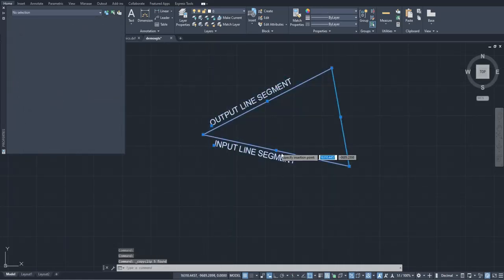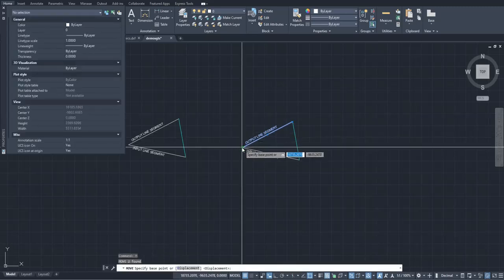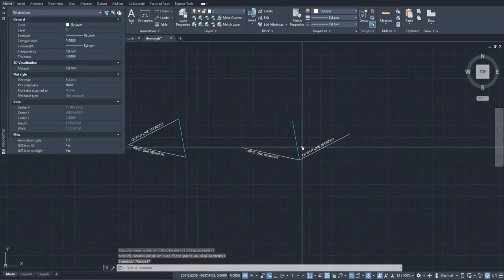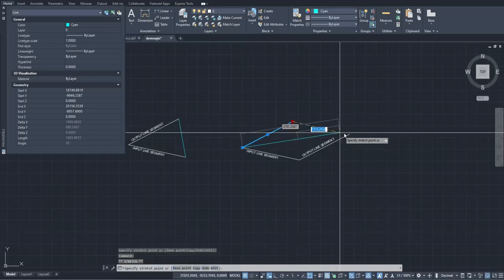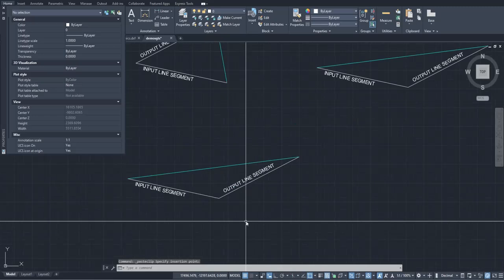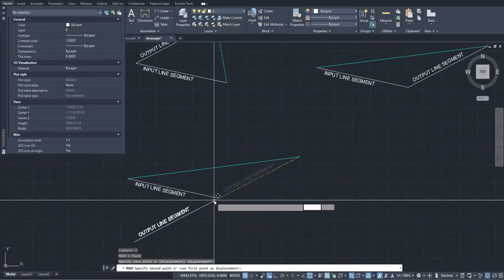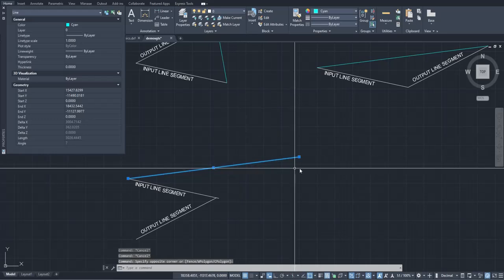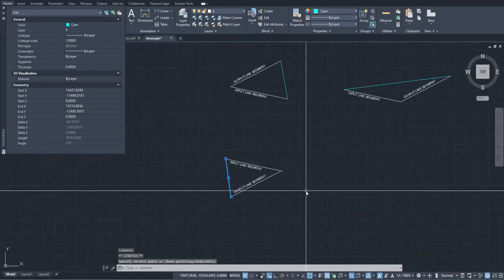Similarly, when the input and output are found, then we can join the output line segment like this, and we can join the third line segment like this. We can do the operations like this. The output line segment is joined here, and we can think the third possible triangle is constructed like this.